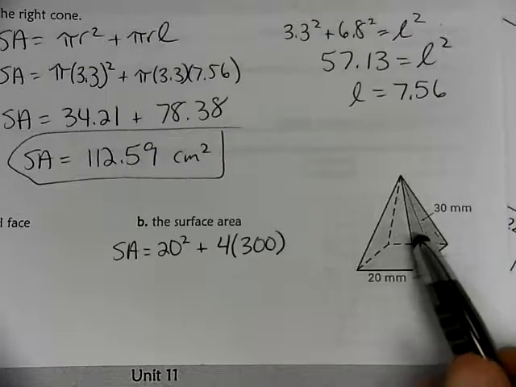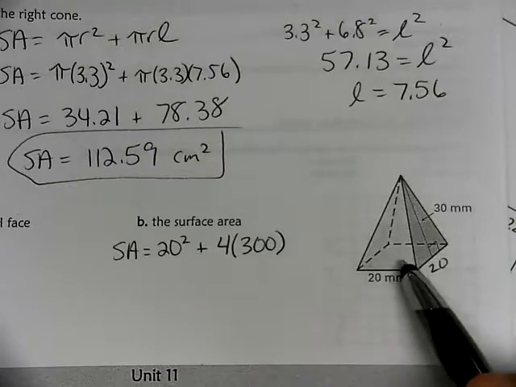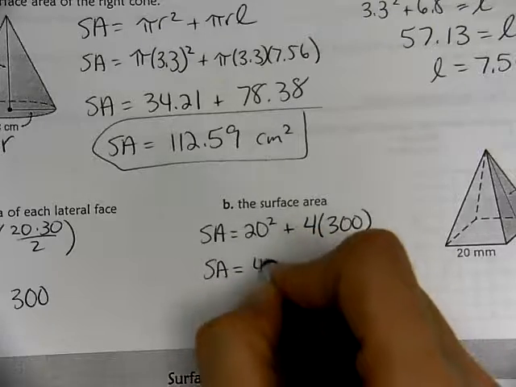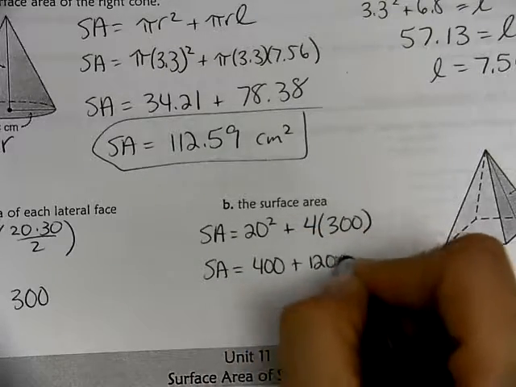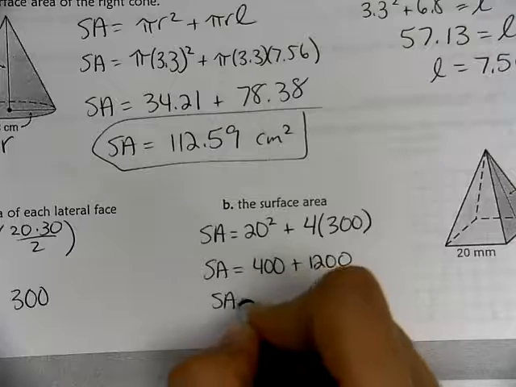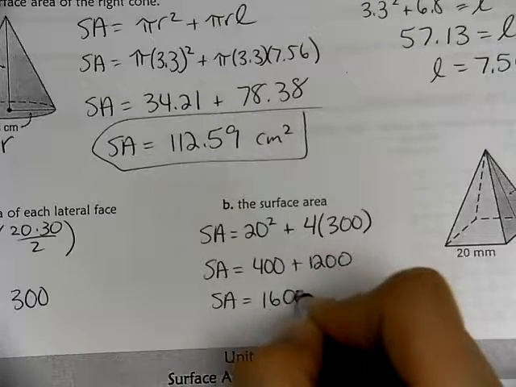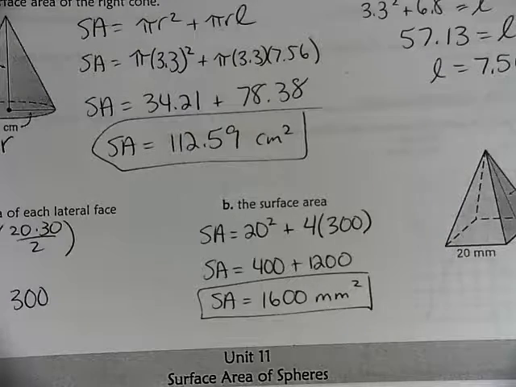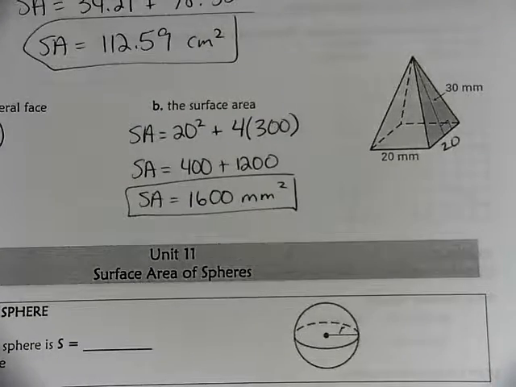You see how there's 4 triangles on the side? It just takes a little bit more work, I think. But it's still a valid method. And you get 1,600 millimeters squared. I personally just like the formula, just because it's easy. You will get the formulas on the quiz. Okay, questions?